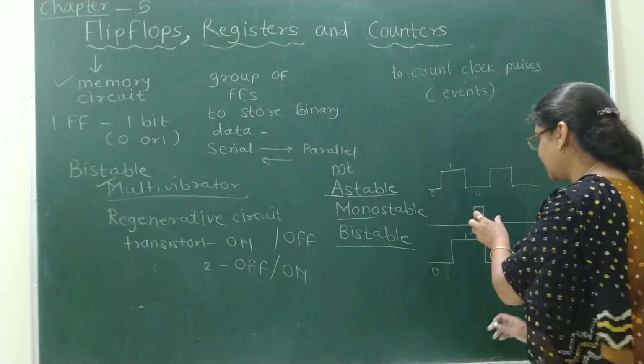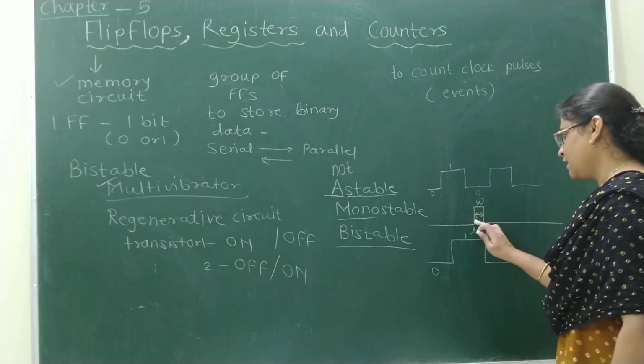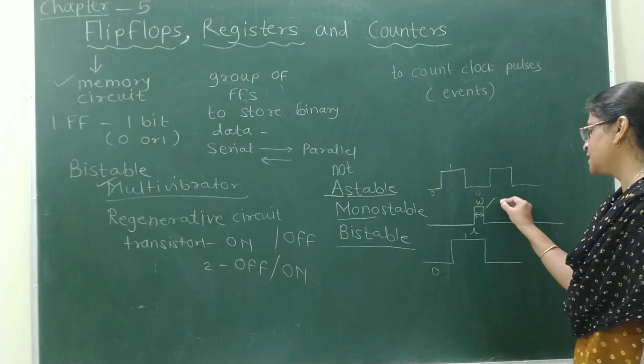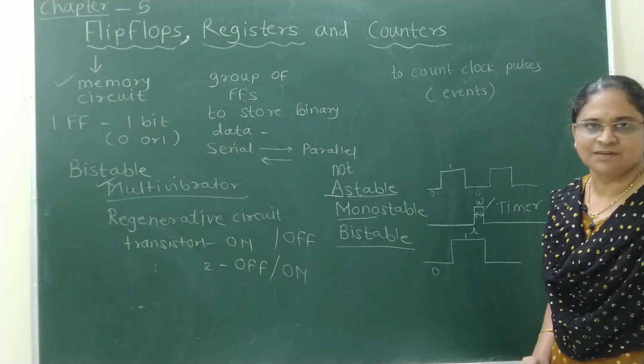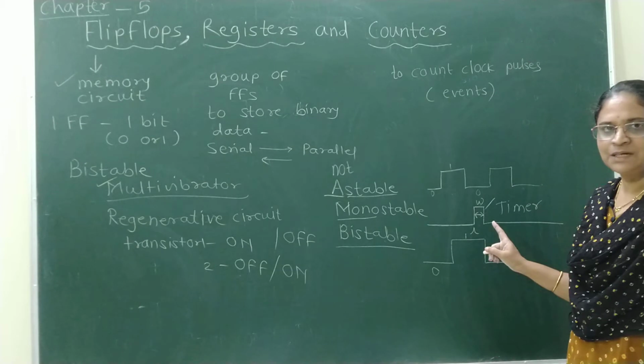The width of this unstable period is why it is called a timer. So what is a monostable multivibrator?